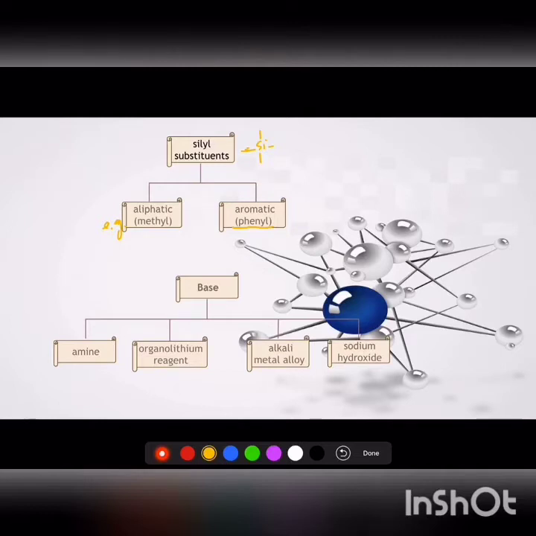And for our base, you can use amine or lithium or alkali metal alloy, such as this one. It's called sodium potassium, and the sodium hydroxide is this one. So you can use these bases in the Brook rearrangement.